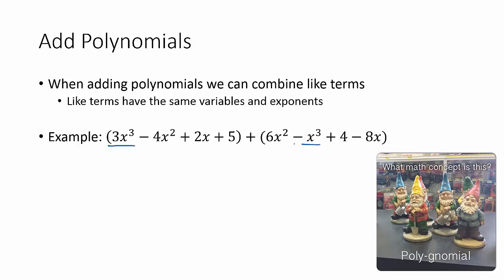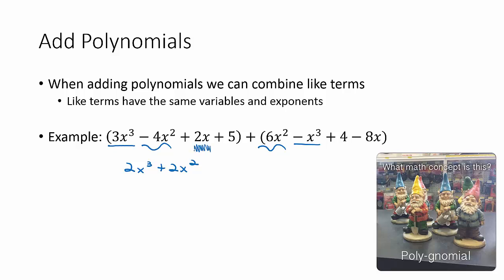So we've got the x cubes underlined with the straight line here. 3x cubed minus x cubed is 2x cubed. Counting down the x squared, we've got a curvy line, negative 4x squared and positive 6x squared. So negative 4 plus 6 is positive 2x squared.